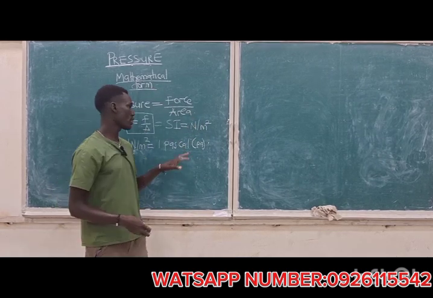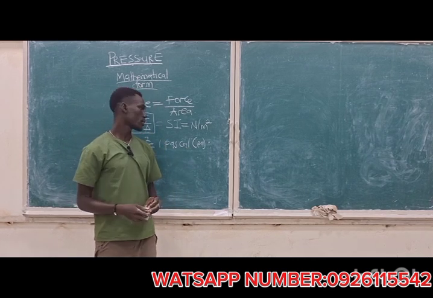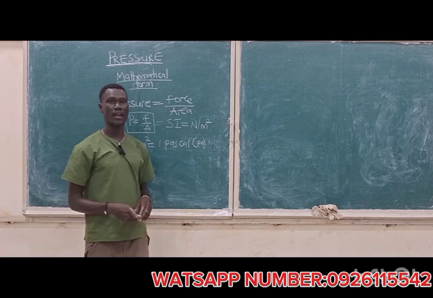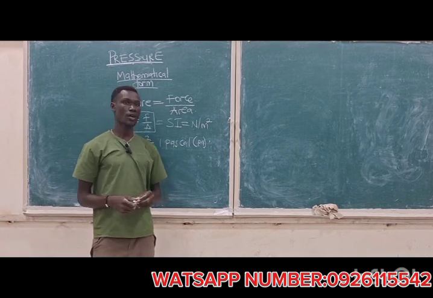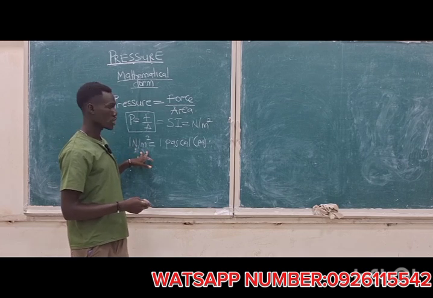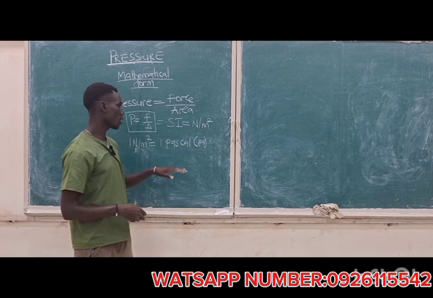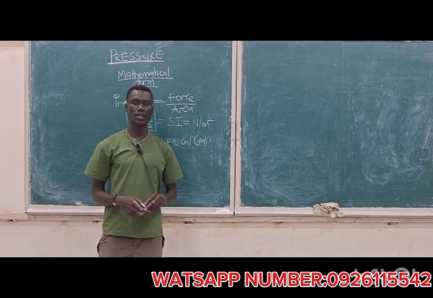This Pascal is when a force of 1 Newton is acting normally per an area of 1 meter square. Pressure is either measured in Pascal or in Newton per meter square.